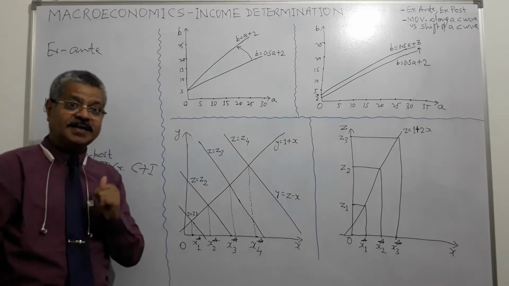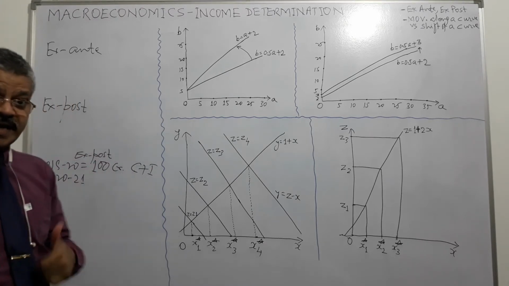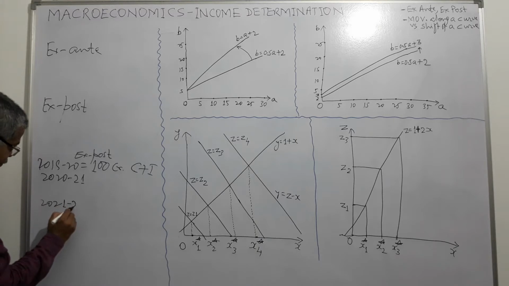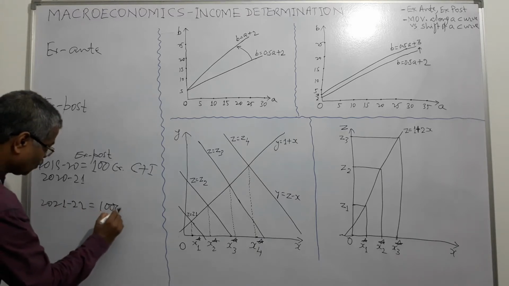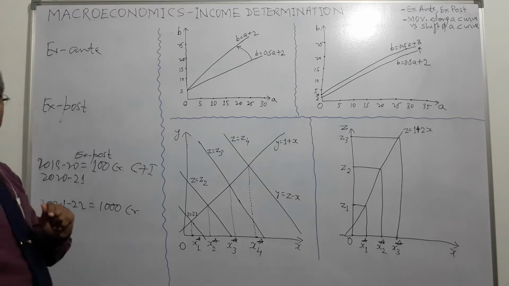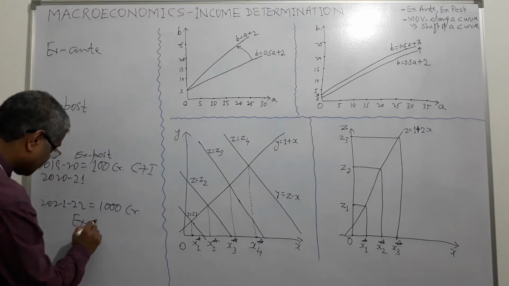Now we come to ex ante. Suppose in the economy the firms have decided to invest 1000 crore, right? The firms in the economy have decided during this year, 2020-21, to invest 1,000 crores during the next year, 2021-22. So what they plan is called ex ante.